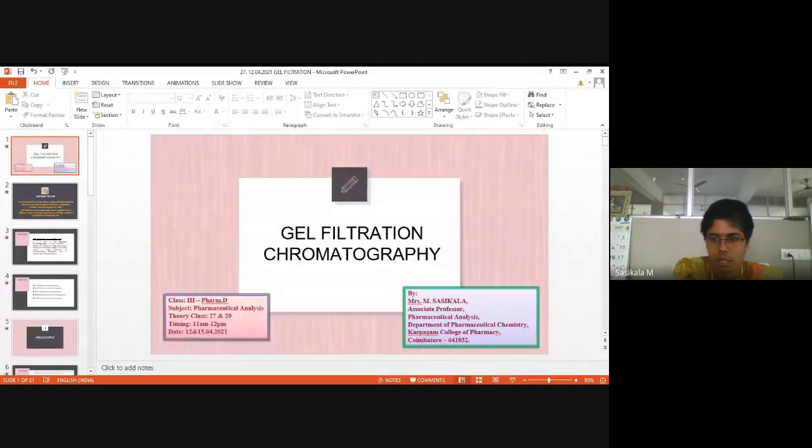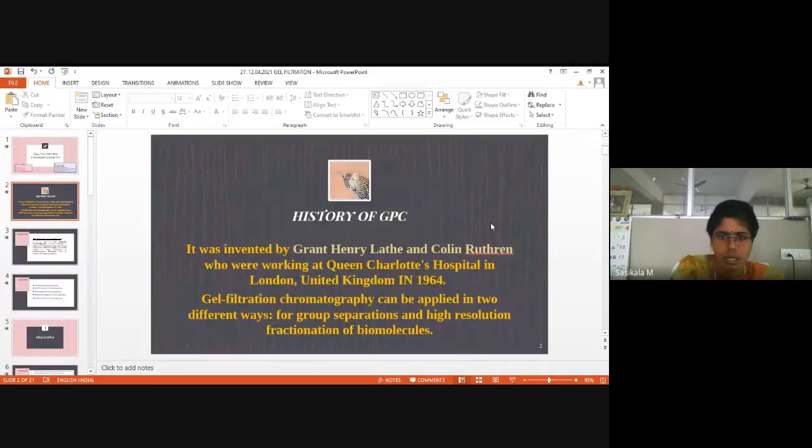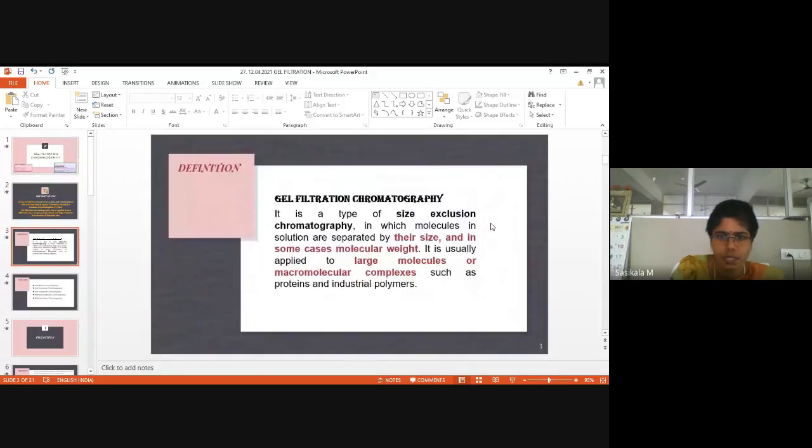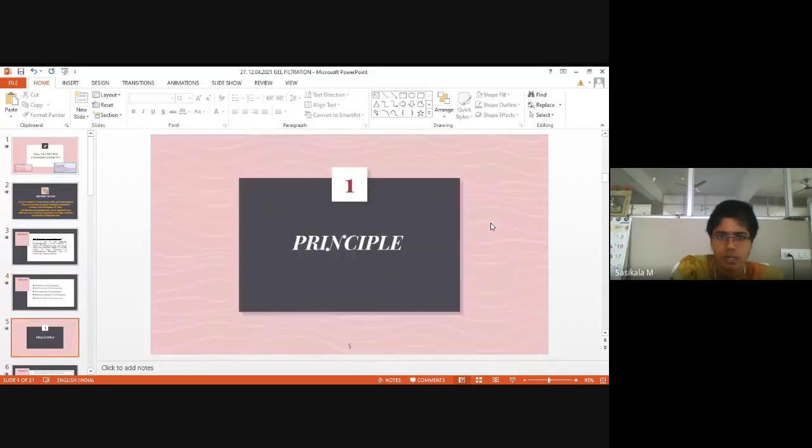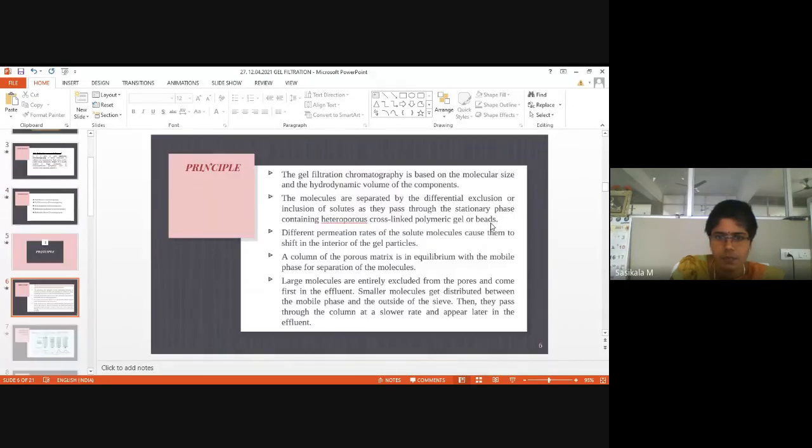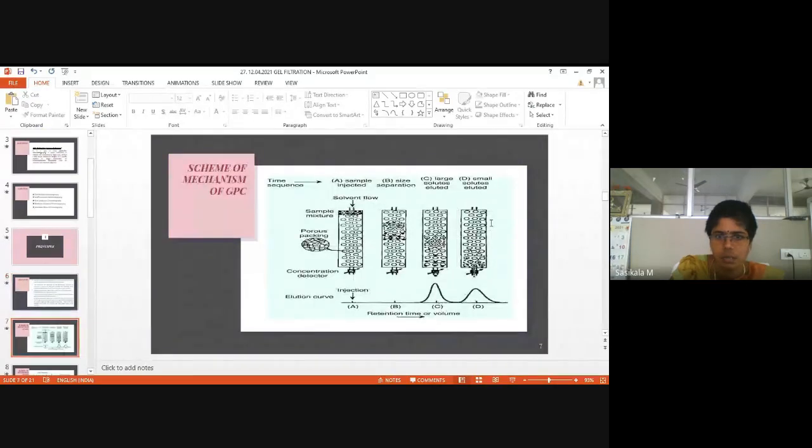So we have seen in the last class gel filtration chromatography, in which history, definition, acronyms, principle of gel filtration, and its schematic representation, all we have discussed.